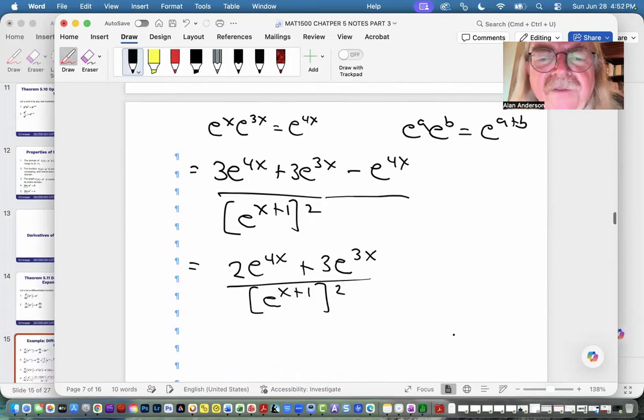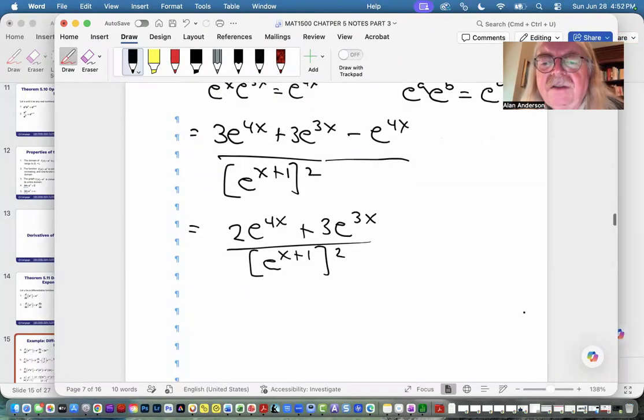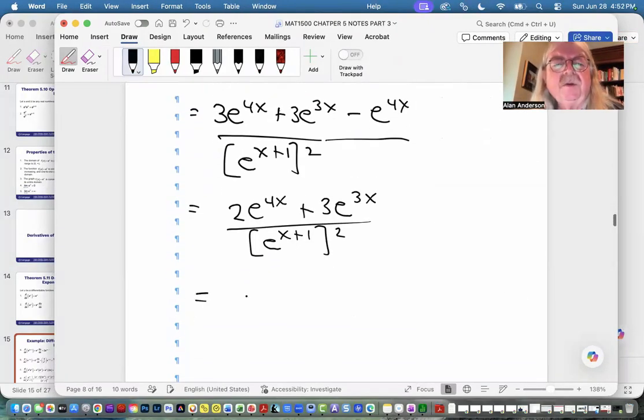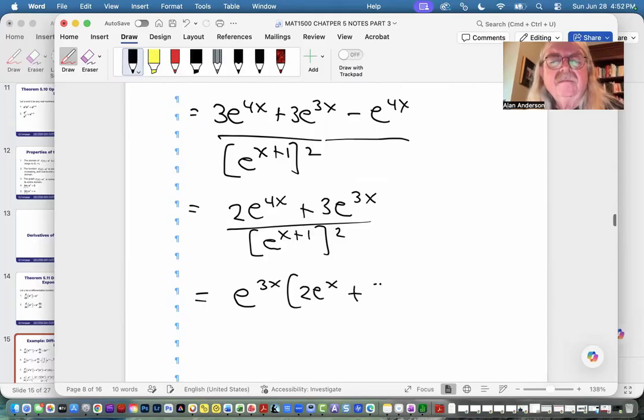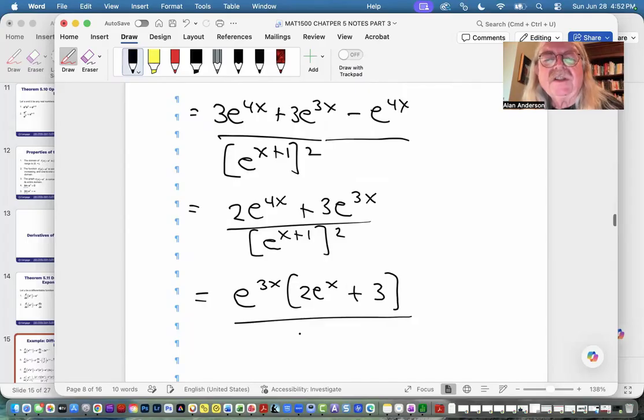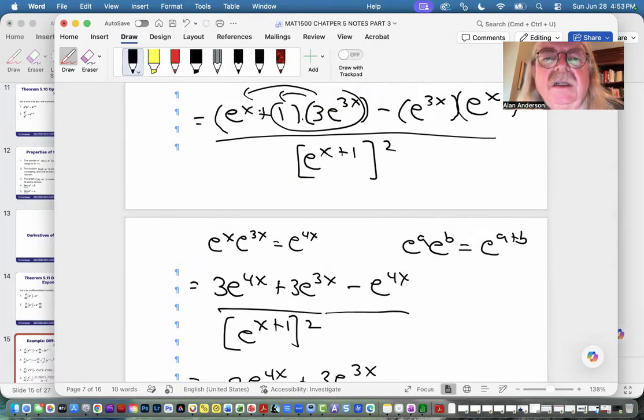And then they factored out e to the 3x from both of them. And now we're all set. So where I goofed it up is when we multiplied these two together, I left out this piece. All right, now we're all set.